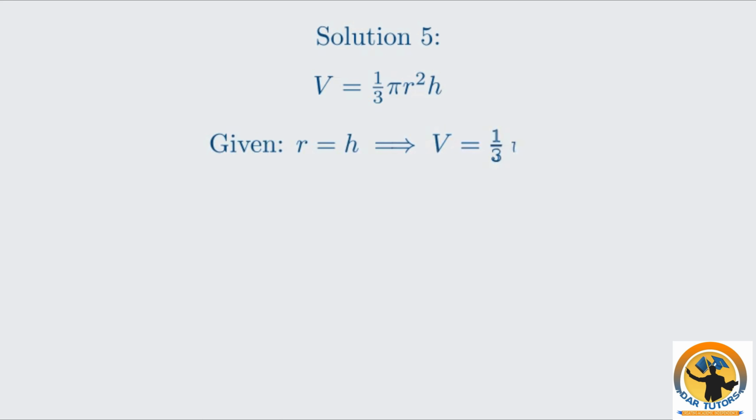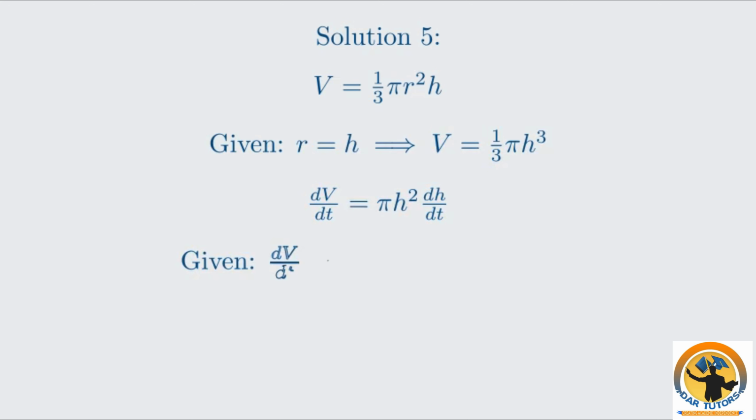And finally, question 5. The volume of a cone is V equals 1/3 pi r squared h. We are given that r equals h, so V equals 1/3 pi h cubed. Differentiating gives dV/dt equals pi h squared times dh/dt.